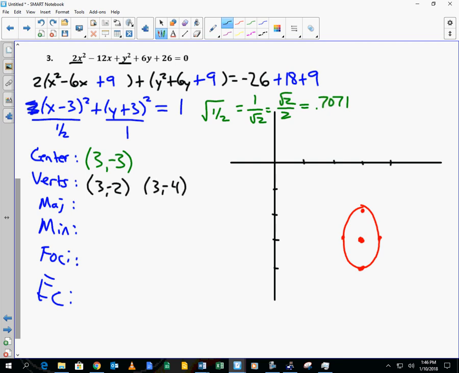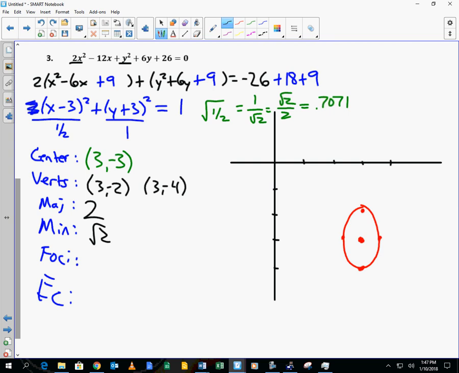Well, if it's stretched more vertically, then they're on top and bottom. If it's stretched more side to side, then it's on side to side. What's the length of the major axis? 2. Good. What's the length of the minor axis? Okay, it's twice that, right? Which is the square root of 2.